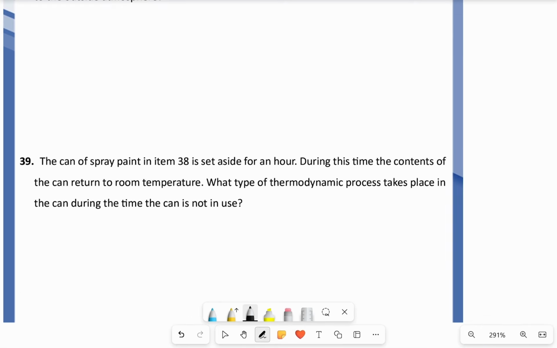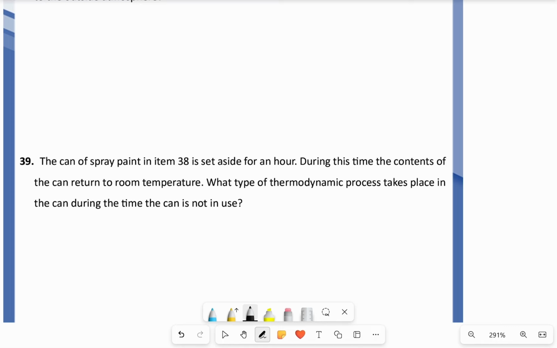39. The can of spray paint in item 38 is set aside for an hour. During this time, the contents of the can return to room temperature. Why? What type of thermodynamic process is this?